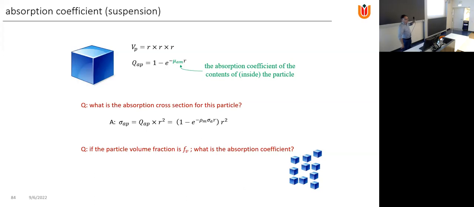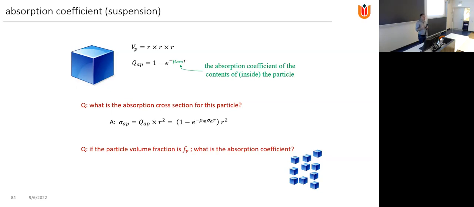How do we go from absorption cross section to absorption coefficient?